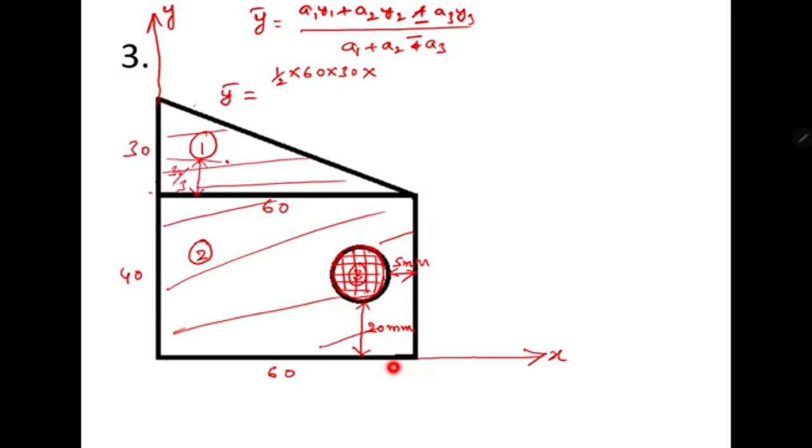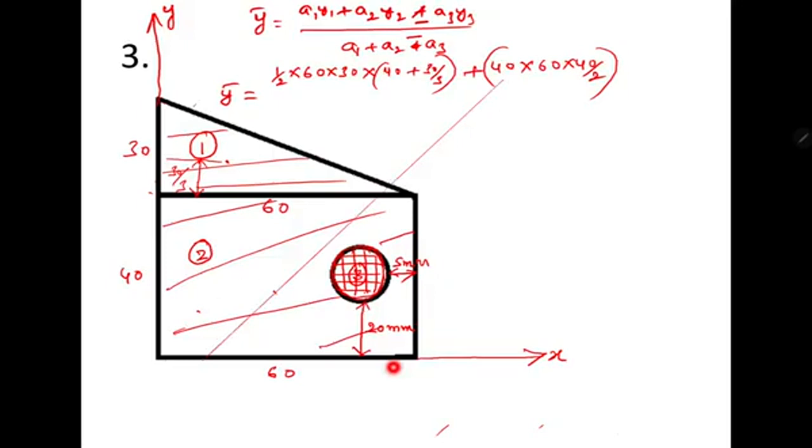Then half into 60 into 30, 40 plus 30 by 3 is the distance. Then 40 into 60 into 40 by 2 for the rectangle. 40 into 60 is the area, 40 by 2 is half the total height. The total depth is 40, so from this the distance is 40 by 2, that is 20 mm.